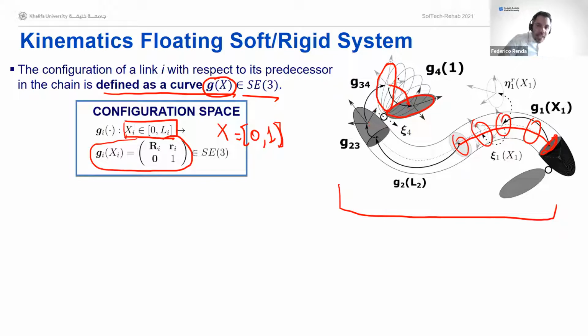Of course, all of these intermediate cross sections are virtual. They don't exist really, and they don't participate in the energy of the system. But it is useful to imagine them in order to make this analogy between a soft link and a rigid link.